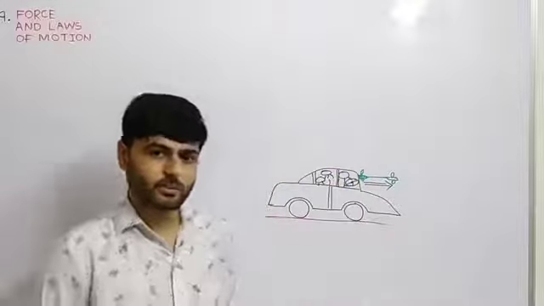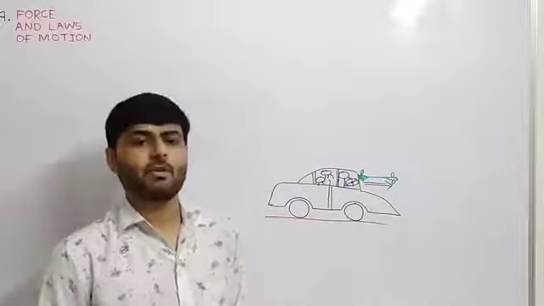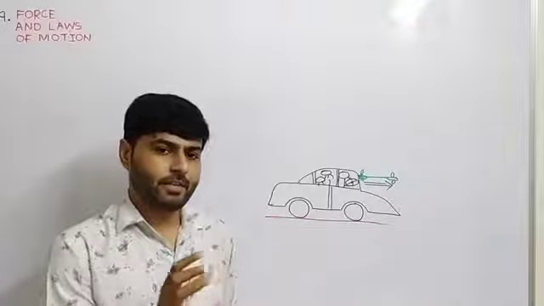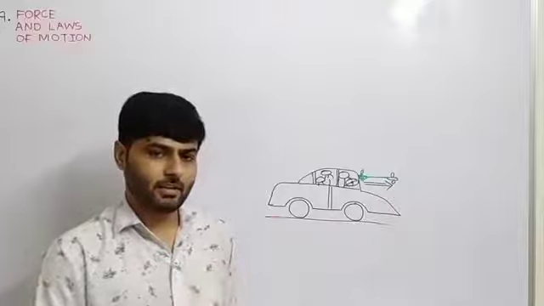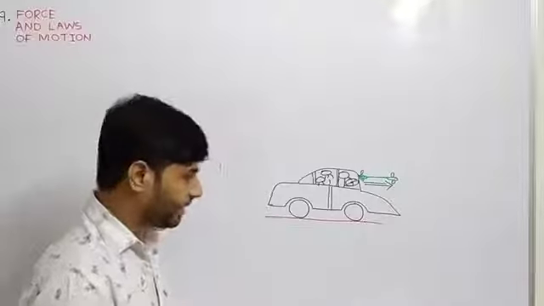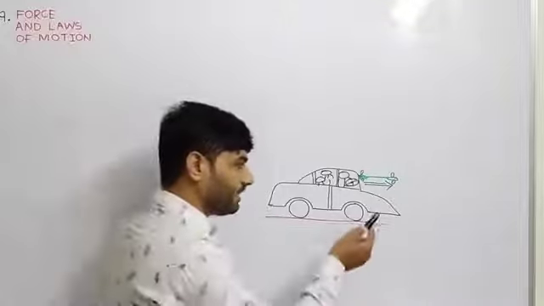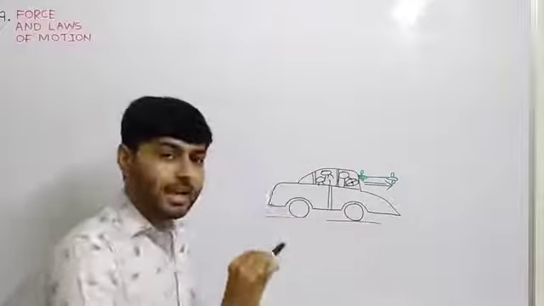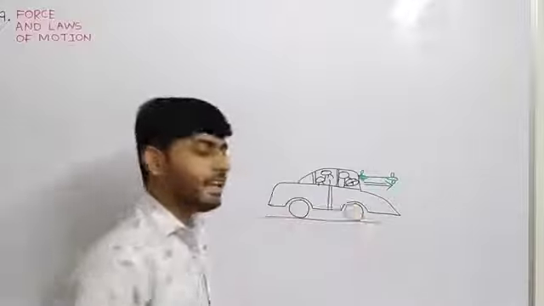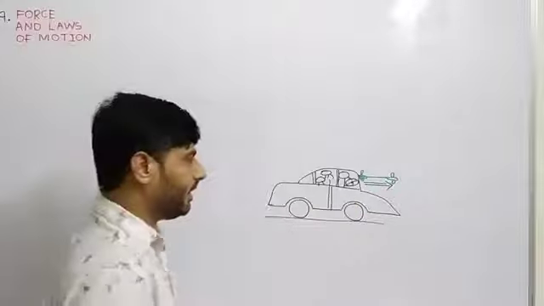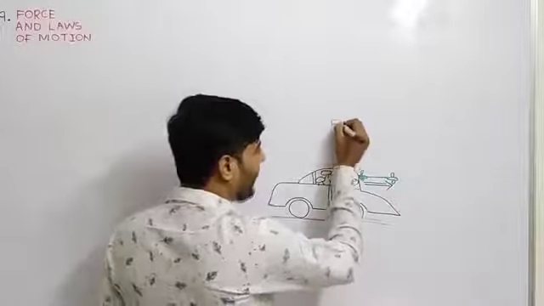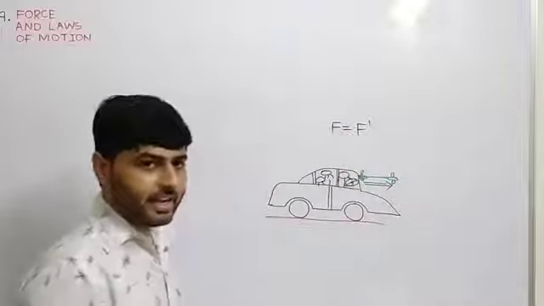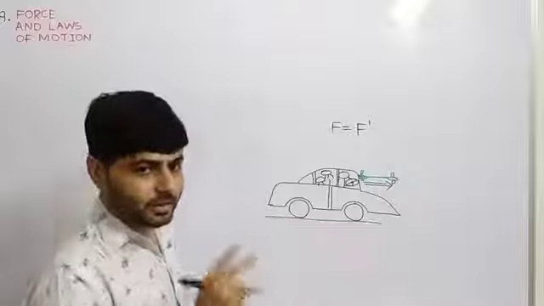Now, from the question and the theory we studied in the earlier chapter, we can say that the force exerted by the insect on the car and the force exerted by the car on the insect will be the same, which means action is equal to reaction, in the opposite direction.